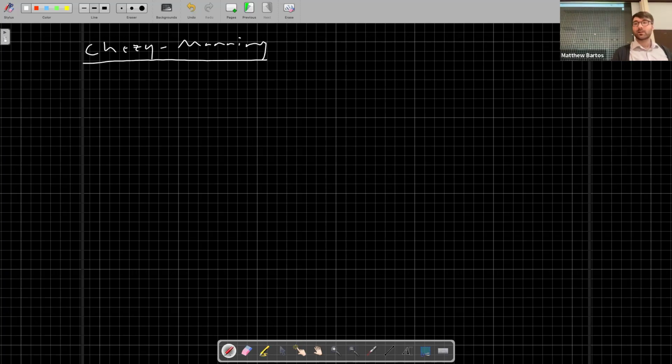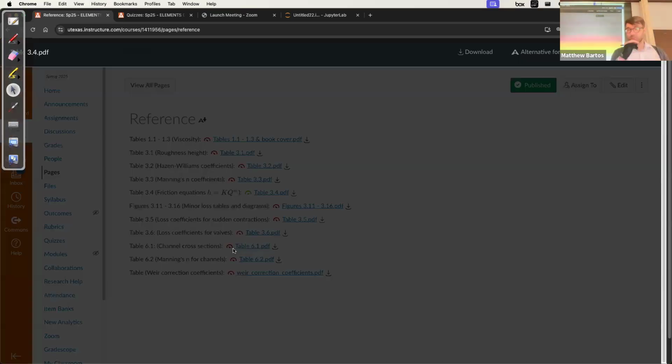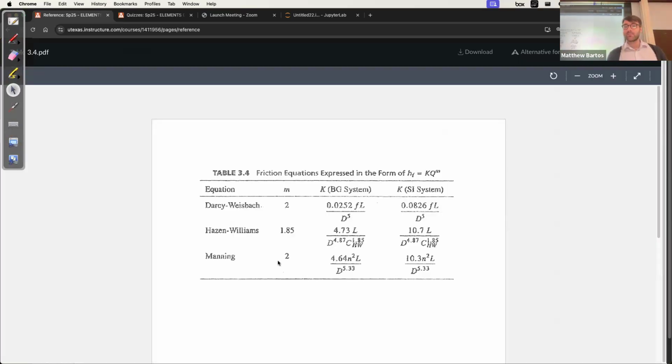So if we go back to our table of friction equations, we have that for Manning's equation, our friction losses can be expressed in the form H is equal to K times Q to the M, where our M as in Mountain exponent is 2, and our coefficient K is equal to 10.3 times the roughness squared times the length of the pipe divided by the diameter to the 5.33 power.